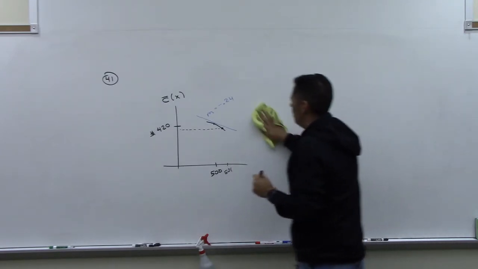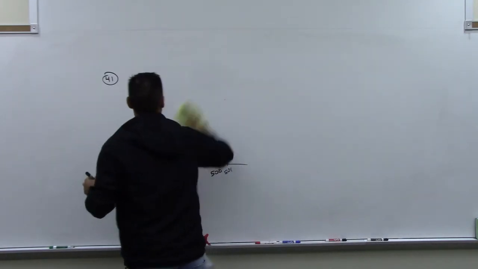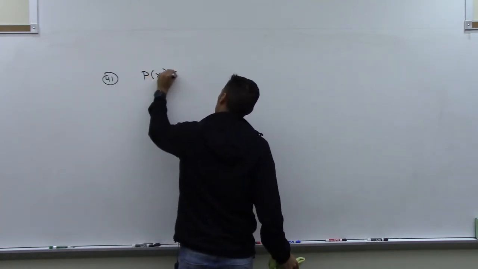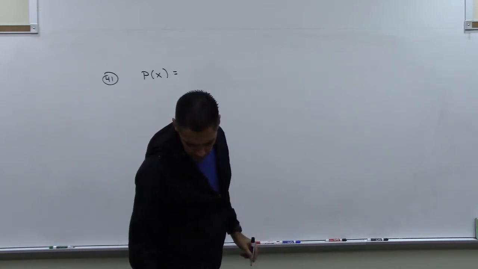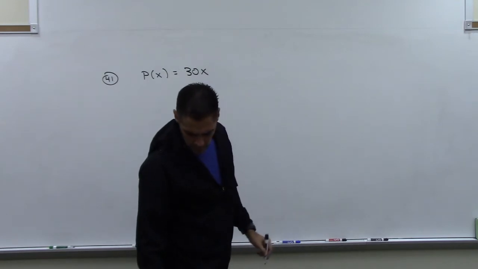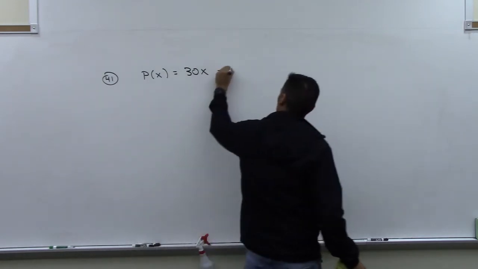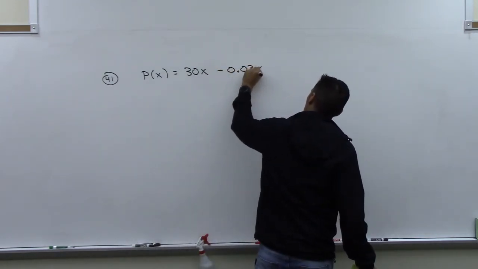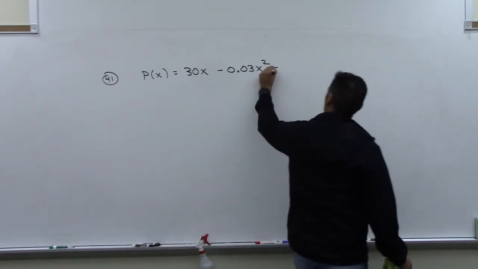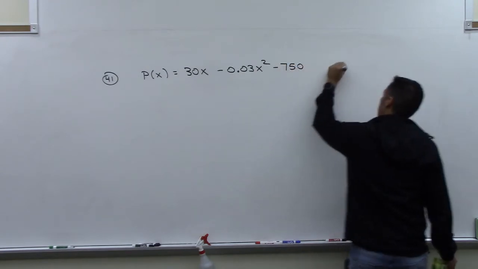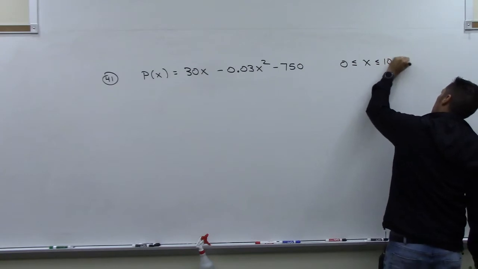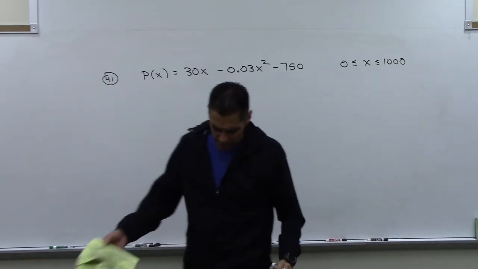The profit of selling x number of lawnmowers is 30x minus 0.03x squared minus 750, and x is between 0 and 1,000. Okay, so that's our profit function.